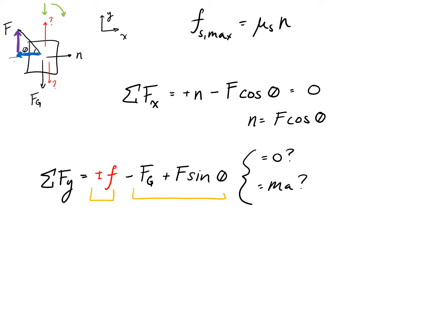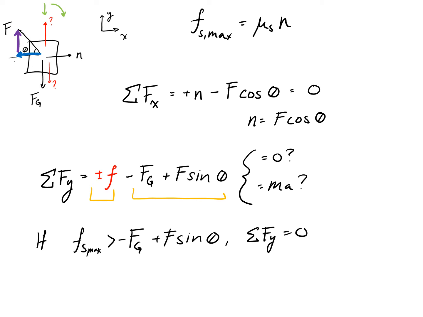So if my static friction is greater than the force due to gravity plus the pushing force, the maximum, didn't give myself quite space to fill that in. So if the maximum static force is larger than the other two, my net force in the y direction is equal to 0.